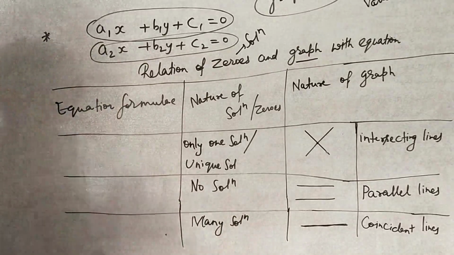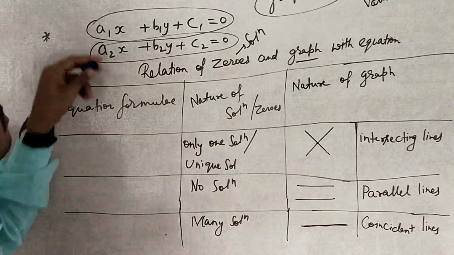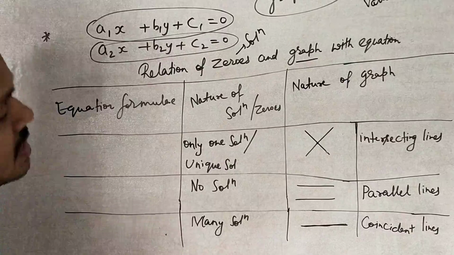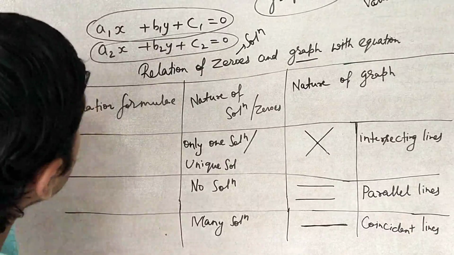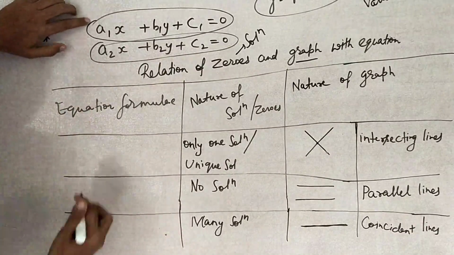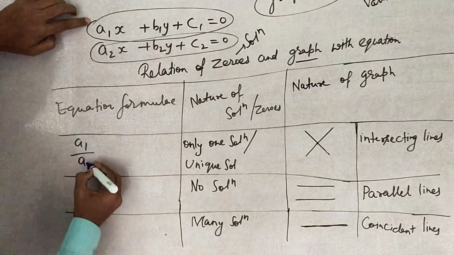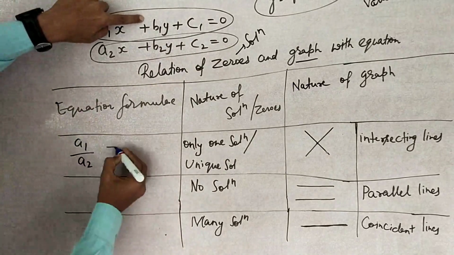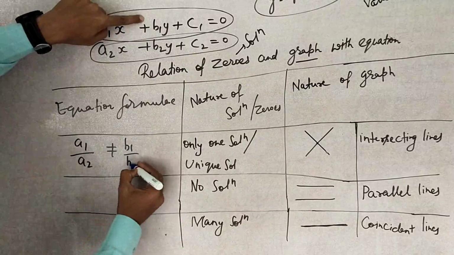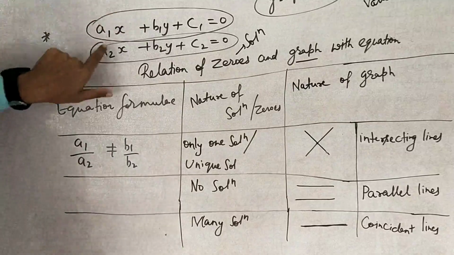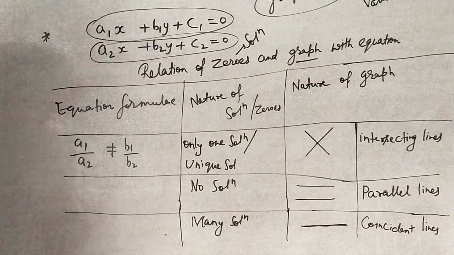Now look at the formulas to find out. We are going to make the formula with this type of equation. First of all, you have to write a1 by a2 does not equal b1 by b2.